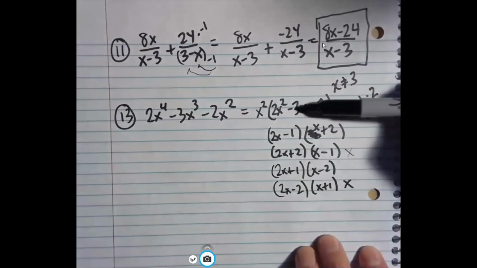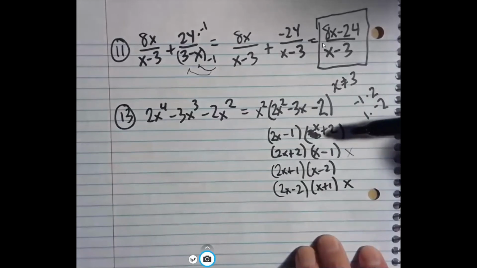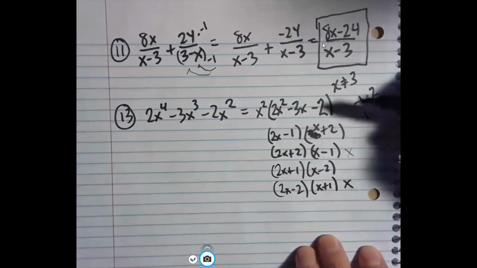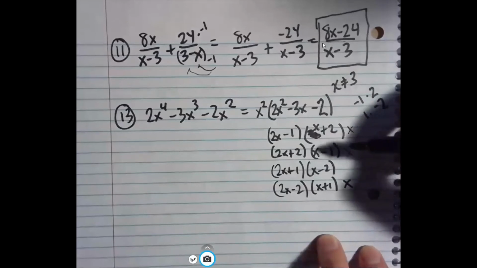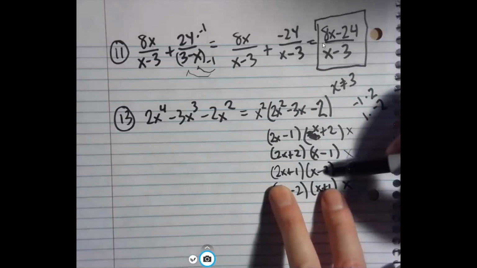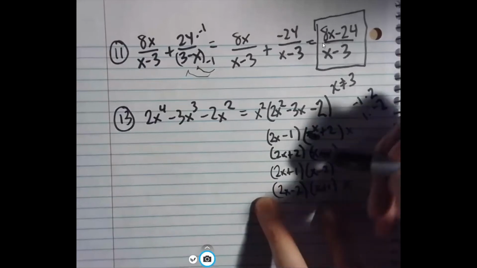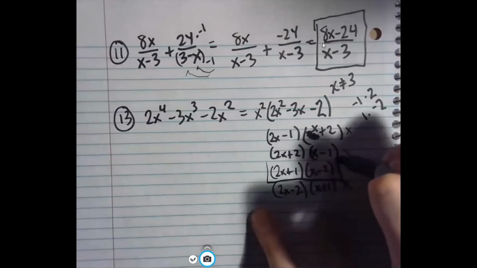Now, do either of these give us negative 3x? This one here with the outers and the inners would give us positive 3x. Close. This one here, though, negative 2 times positive 2 would give me negative 4x plus the x. This is our winner.